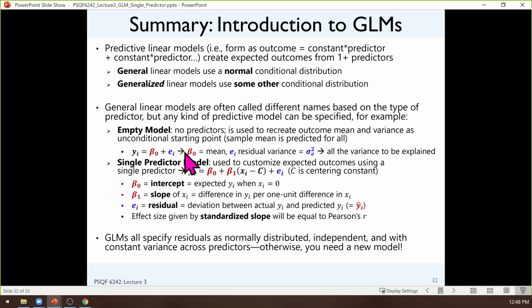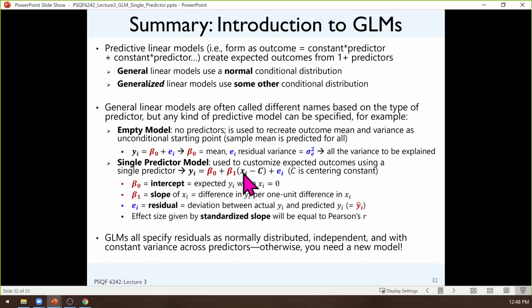So in terms of talking about the effect on the residuals, note that the empty model is nested within this one. The term nested means that one is a subset of the other. So the thing that makes the empty model different from the predictor model is the addition of beta 1. We had a fixed intercept in both, but now we're picking up the effect of beta 1 to describe how x relates to y.